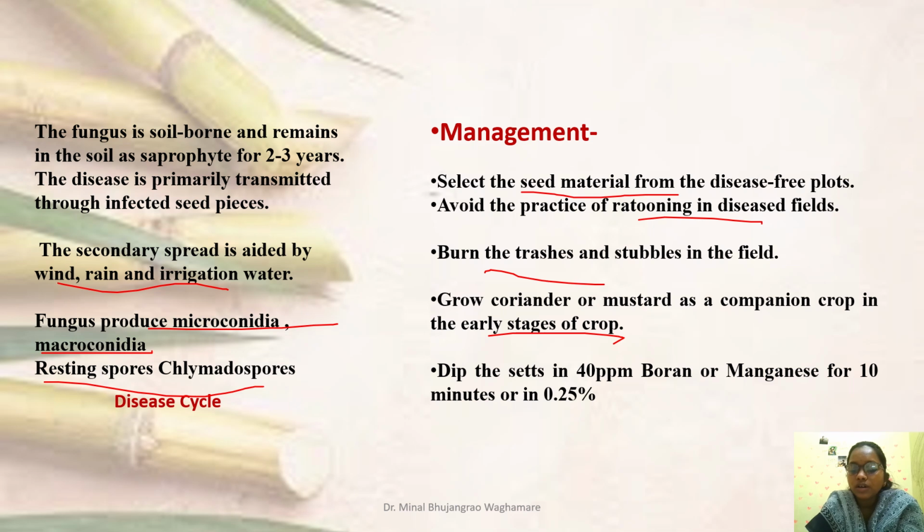We can dip the sugarcane seeds in 40 ppm boron and manganese for 10 minutes at 0.25% concentration. Other than this, we can also use carbendazim at 0.1% for 20 to 30 minutes.